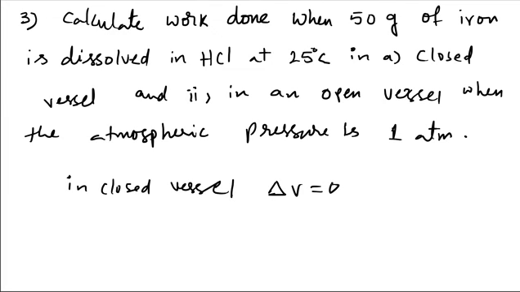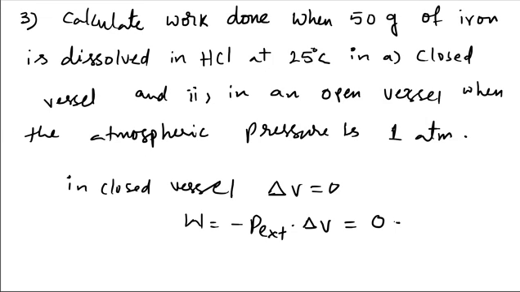There is no change in volume. So therefore, what is the work done? Work done is equal to negative P external times delta V, which is simply 0. Only in the open vessel is work done, because the gas released will be expanding into the surroundings. That's why there will be some work done.